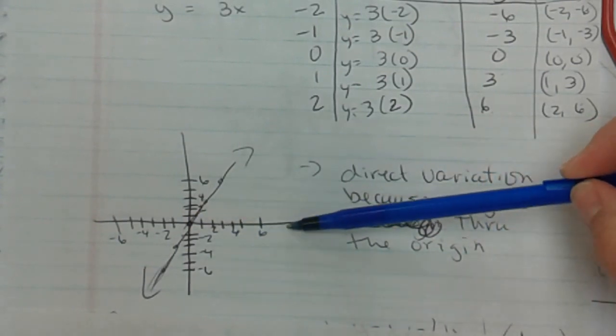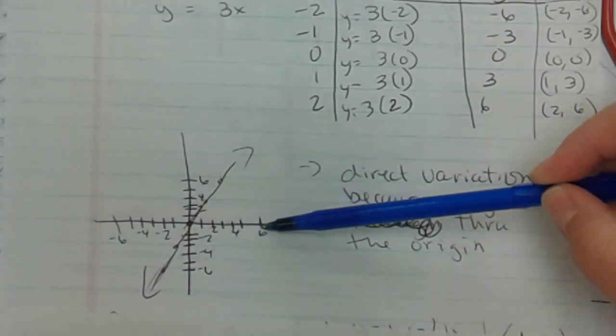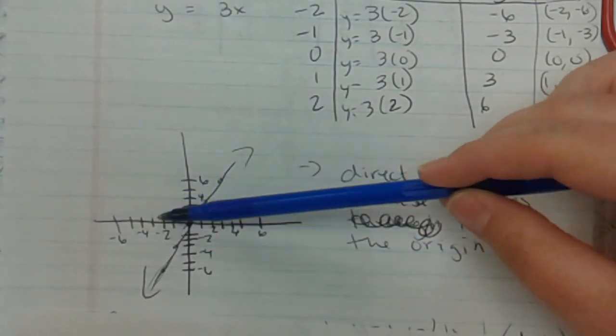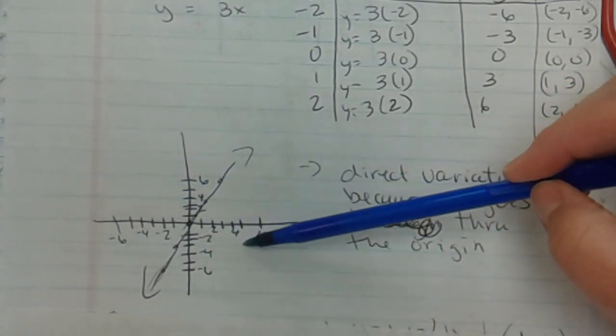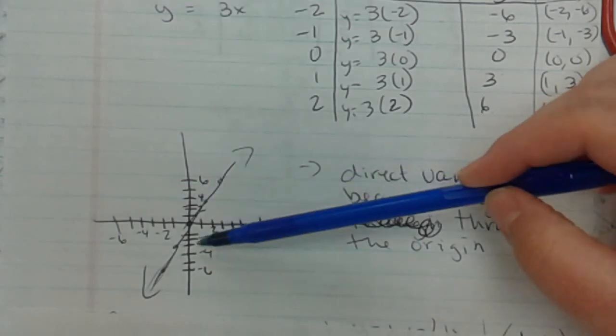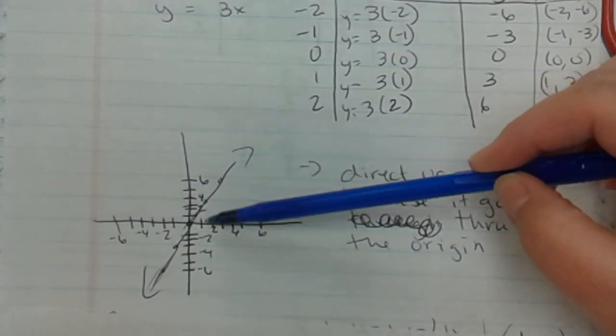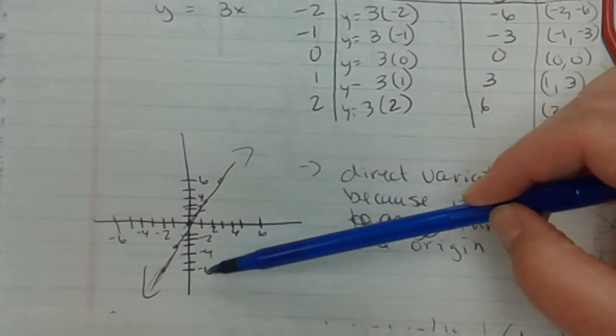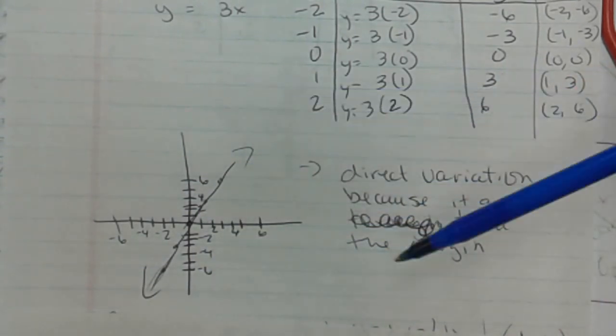I went by 2s: 2, 4, 6, -2, -4, -6. Every hash mark really represents 1. Same thing going up: 2, 4, 6, -2, -4, -6.